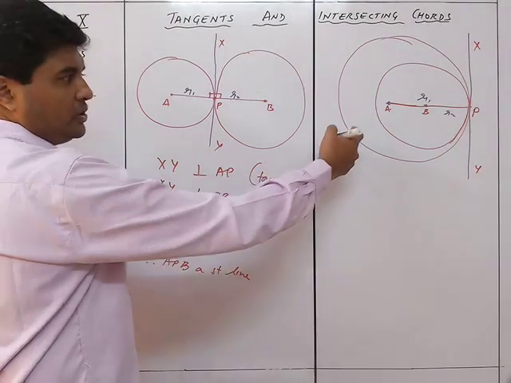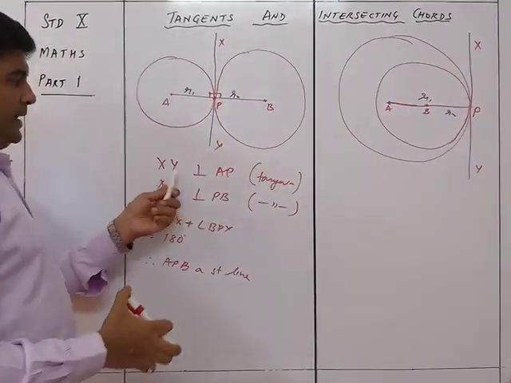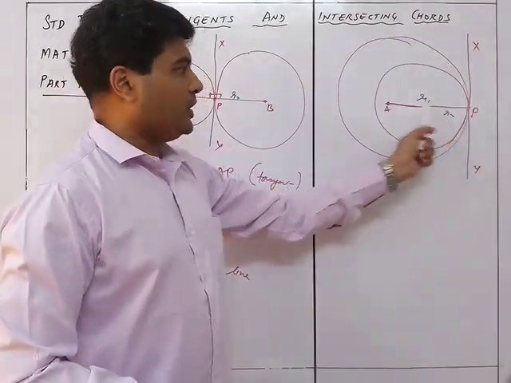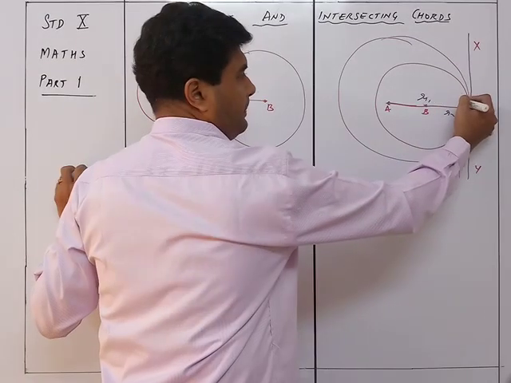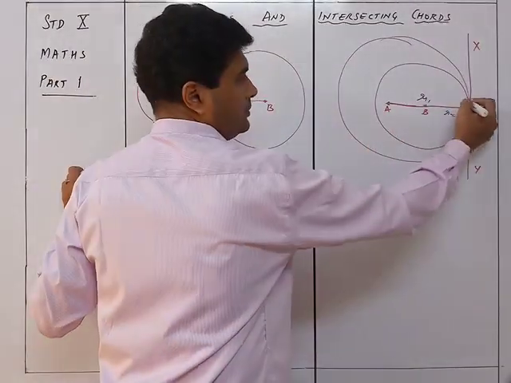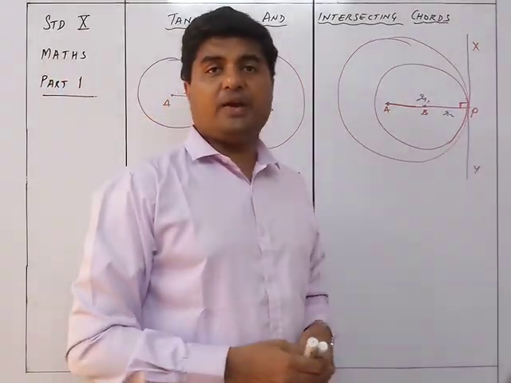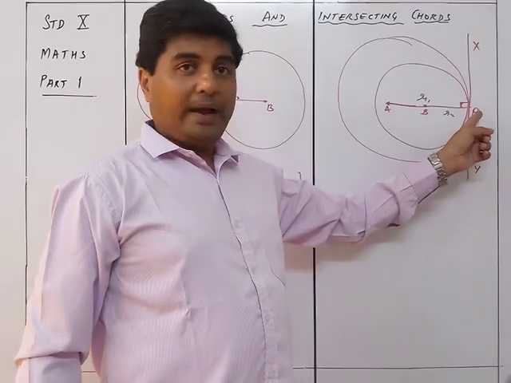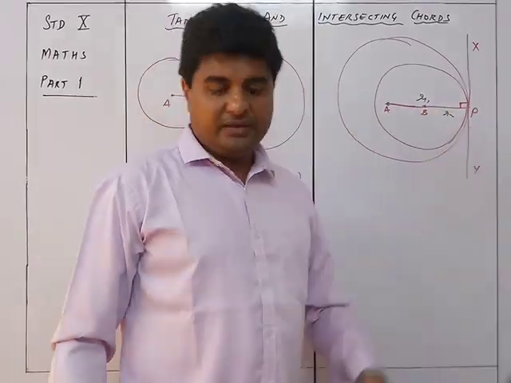Same thing is here also. Same steps come here. XY is perpendicular to AP and XY is perpendicular to BP also. Because you cannot have two perpendiculars at point P, both the perpendiculars are the same line, that's why APB is a straight line.